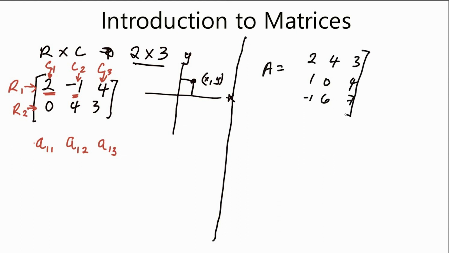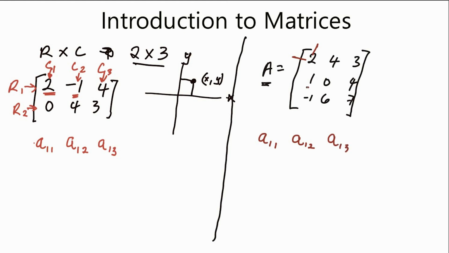This is a 3 by 3 matrix. So for this 3 by 3 matrix, we can describe the position of the elements. In terms of this A, we have this 2 in the position A 1 1. This 4 will be in the position A 1 2. 3 will be in the position A 1 3.